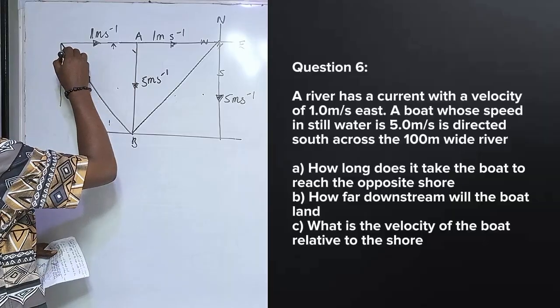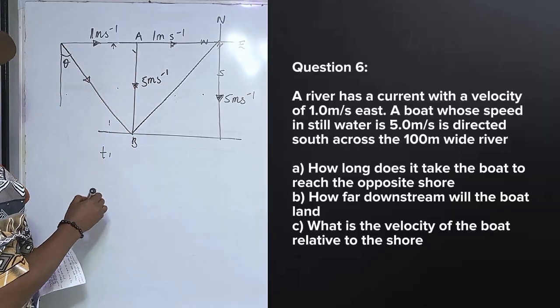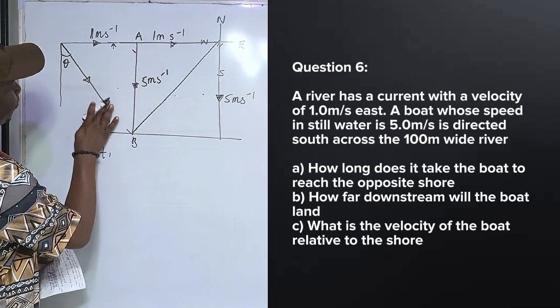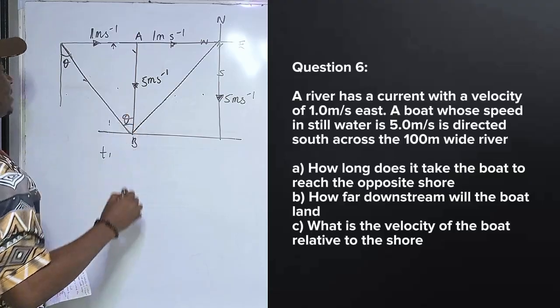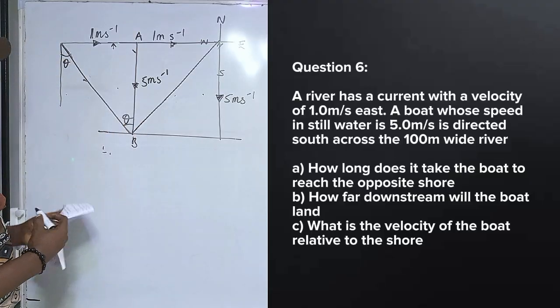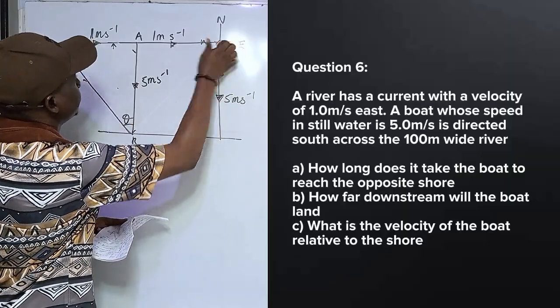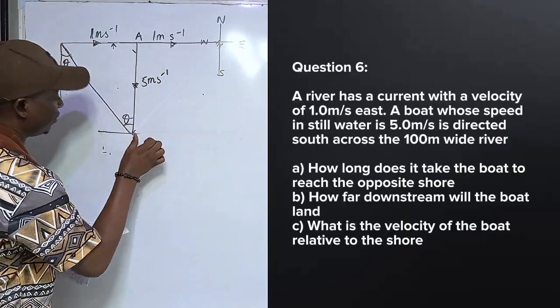From A to B. Now in this case, this is the direction of the shore, angle to the shore, which is also alternate to this angle theta. So to reduce the complexity, let me remove this. Now, you see.